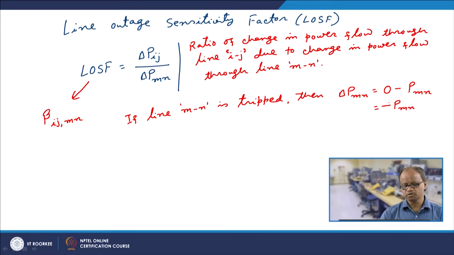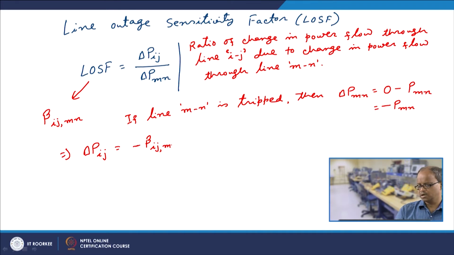So, when I know this, delta Pij would be minus beta ij mn into Pmn, and then Pij new would be Pij old plus delta Pij.